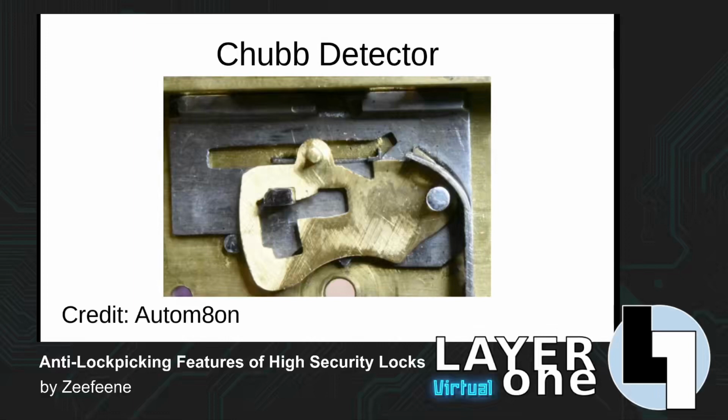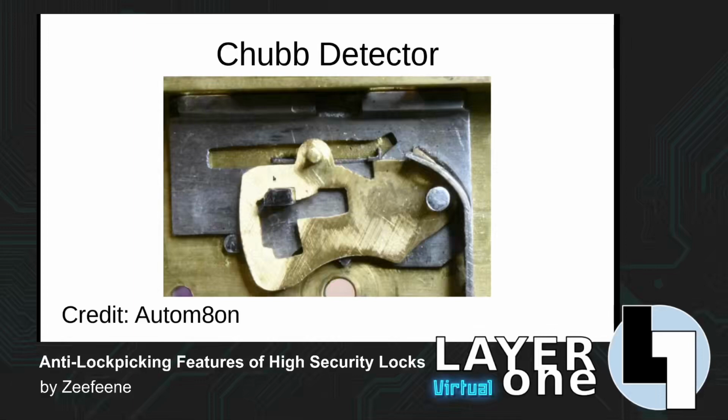And the way this works is there are lots of implementations of the Chubb detector. It has a very long history, but essentially this is a lever lock. But what's curious about it is we have this little pin that sticks out of this lever, and this pin rests across all the other levers that would be laying in front of it.